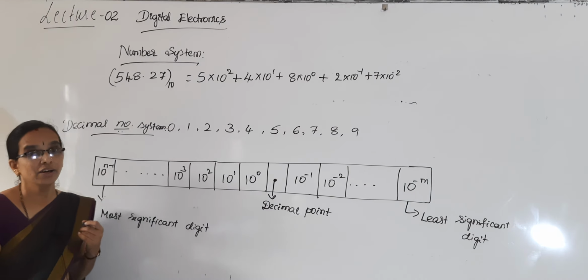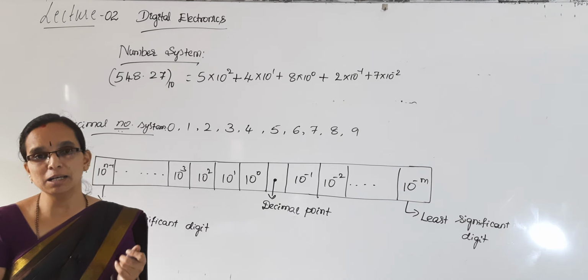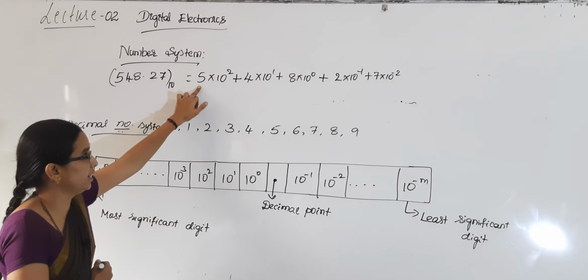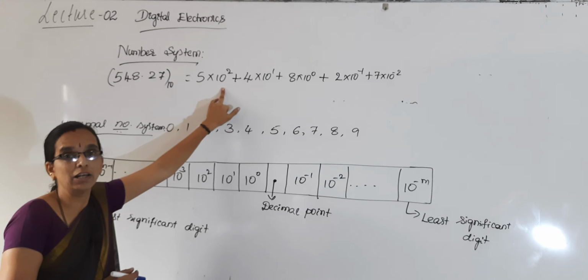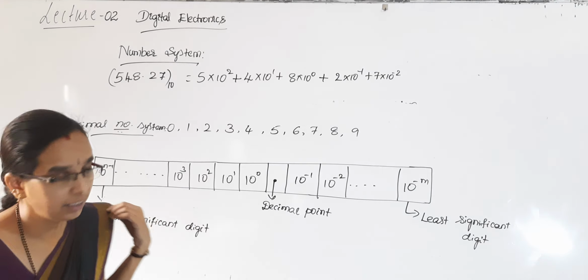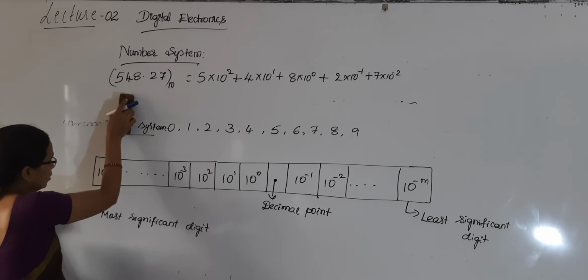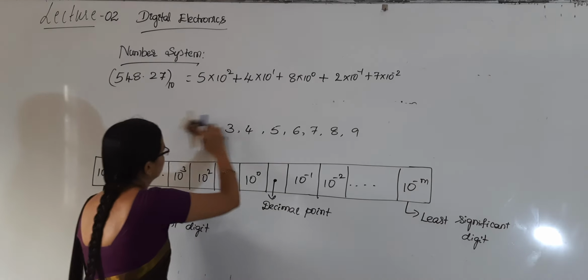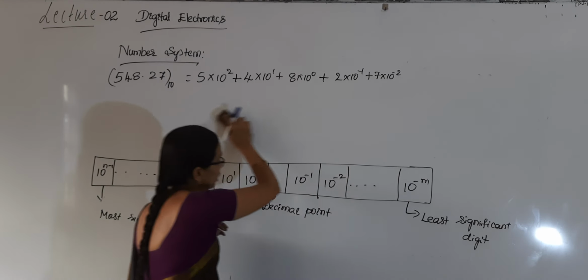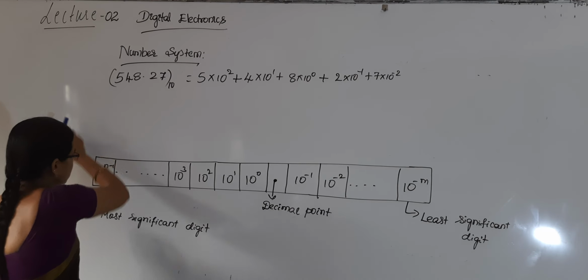This is the way we represent the decimal numbers using the product of the digit and the place value of that digit. Okay. In the same way, you people were very familiar with the decimal number system.